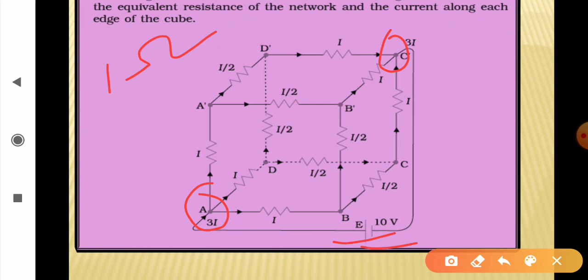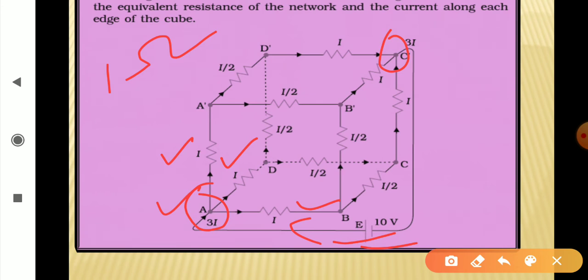So from this cell or battery, when current starts, then at this point A, it is dividing in 3 parts. See, along AA dash, along AB, and along AD. These three paths are taken. And due to symmetry, all three paths will carry equal currents.